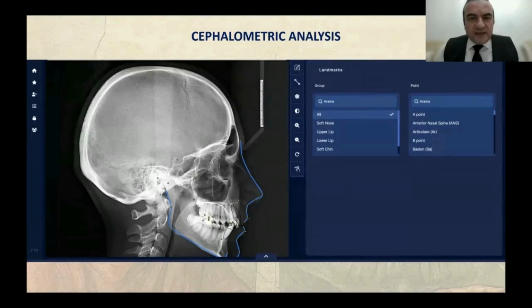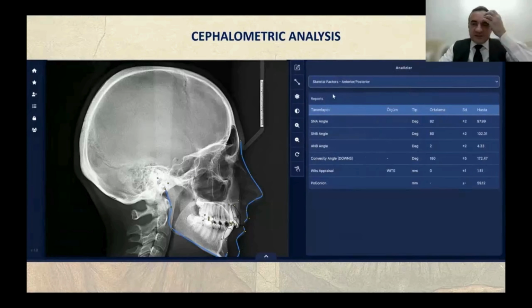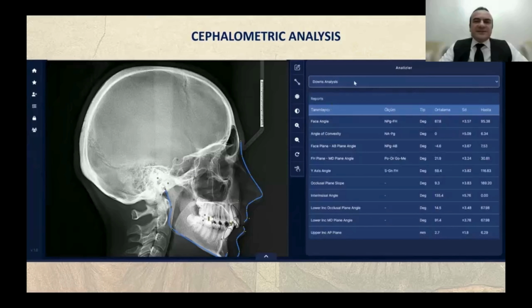Another use of AI, starting from the beginning, is cephalometric analysis, right? There are too many commercial software programs out there, and also web-based commercial software. Previously, we measured these cephalometric studies with manual tracings, and later with semi-automatic tracings.